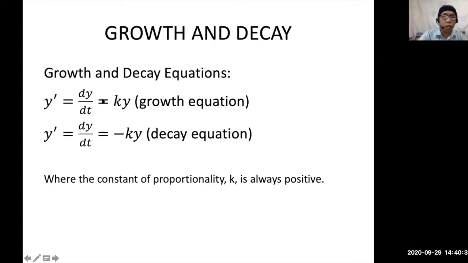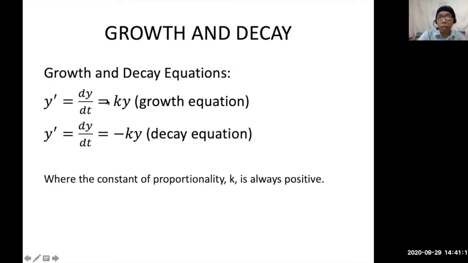It says that the rate of growth, say for instance, of the number of bacteria is proportional to the number of bacteria present. So this is actually a differential equation of growth. For the decay process, you have the negative sign for your k, so that when you solve for k, it will be positive.